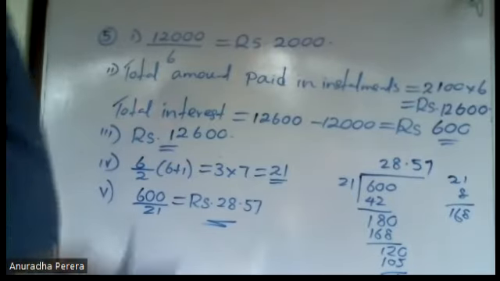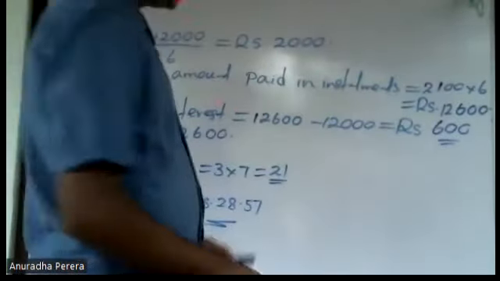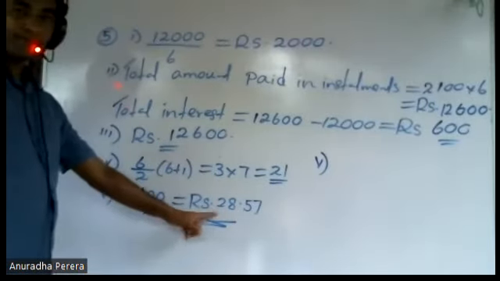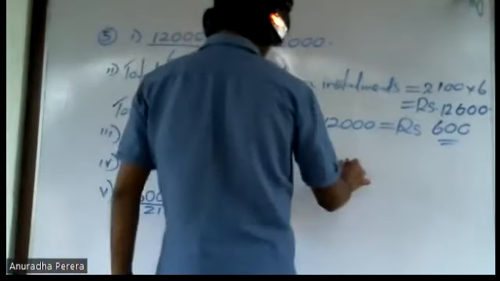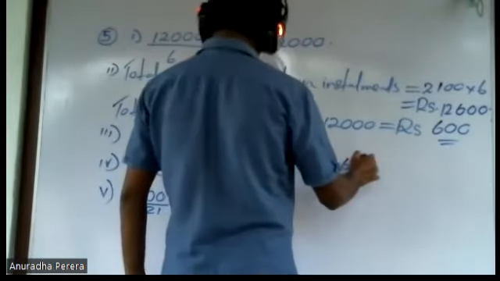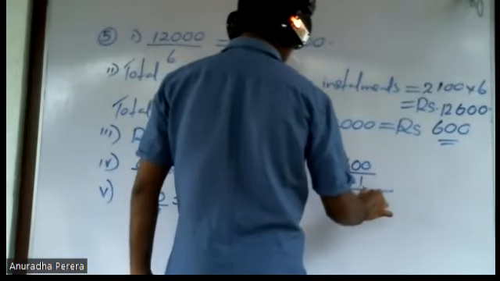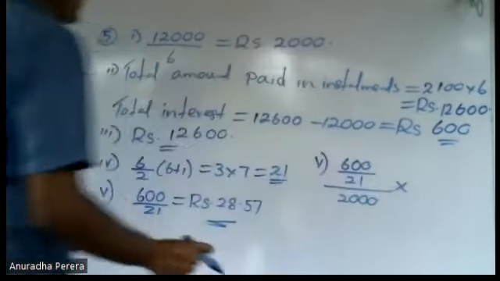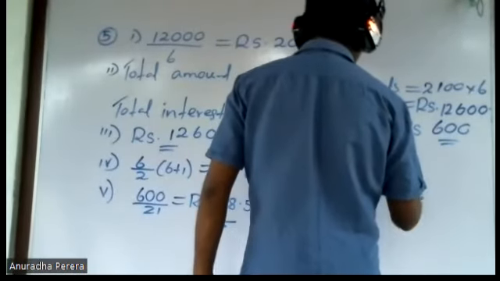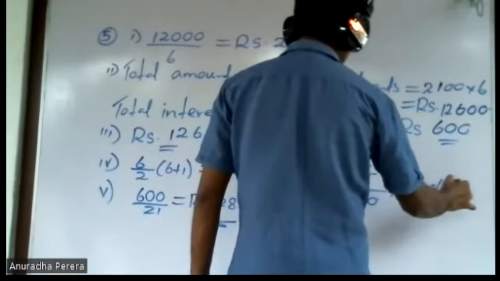Yes, sir. Then the last one, අපි අන්තිම එකෙමු. Annual interest rate. When finding annual interest rate, use this fraction. Don't use this fraction, එක use කරන්න. We know the monthly loan amount is 2,000. 600 over 21. This has to be multiplied by percentage 100 and multiply by 12 also.